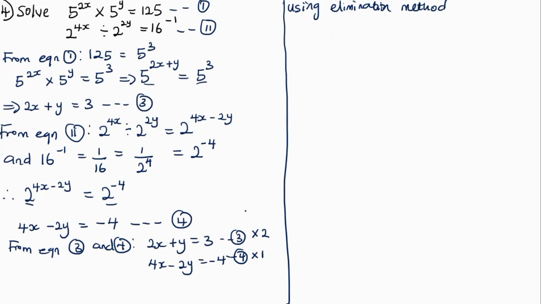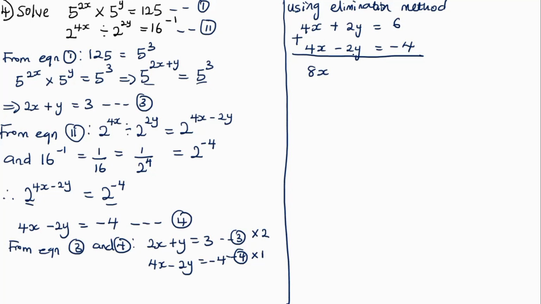Using the elimination method, you multiply equation 3 by 2 and multiply equation 4 by 1. If we do that, we're going to have 4x plus 2y is equal to 6, and 4x minus 2y is equal to negative 4. Alright, so we simply add both equations. We have 4x plus 4x is going to give us 8x.